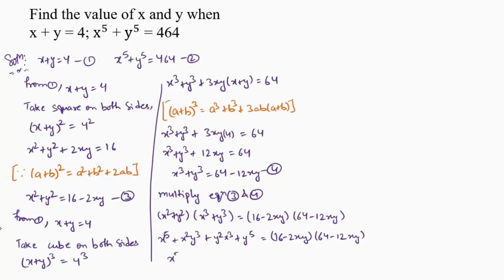We can rewrite the above equation as x raised to power 5 plus y raised to power 5, and we can take x square y square common from these two terms. We get x square y square bracket x plus y is equal to 16 minus 2xy bracket 64 minus 12xy.